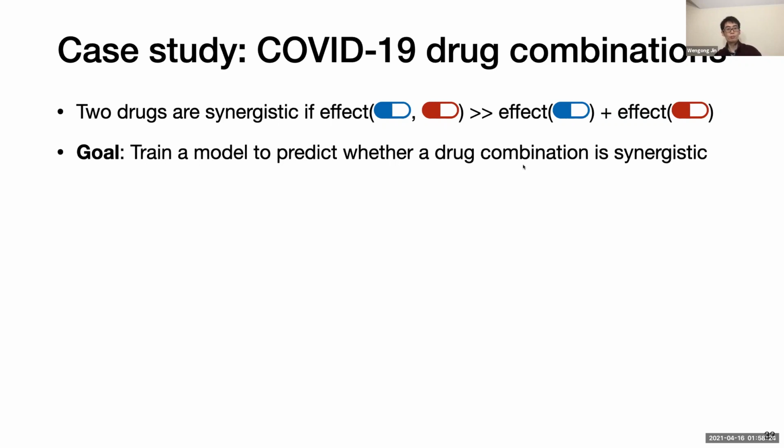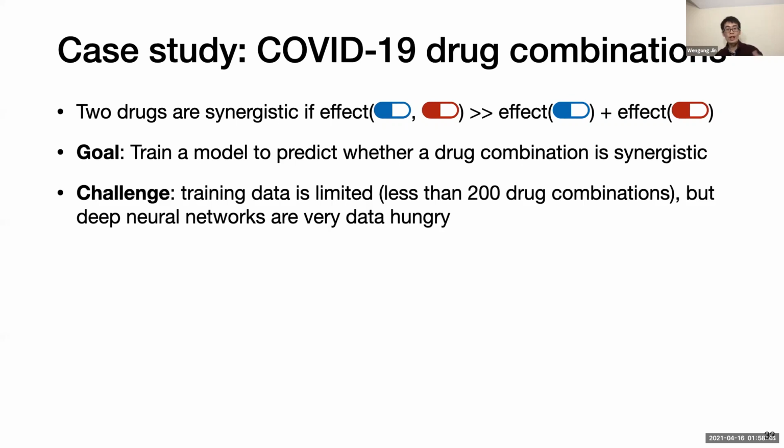Okay, so that's the goal. We want to find drug combinations that are synergistic, and again, we can't really afford to do many experiments, so we wanted to do virtual screening, but this time on drug combinations. The challenge is, if you remember, for the antibiotic project we had at least 2,000 compounds. It's not really big, but at least able to train something.